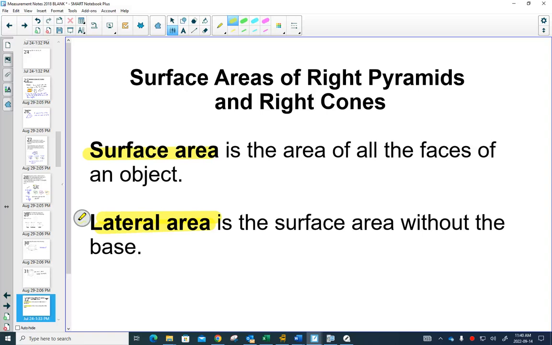You would probably only have to paint the lateral area, right? Or you have to have an assistant that just lifts it up while you go underneath and paint it. So there's a reason why lateral area often comes into play, because often you have things that one of the surfaces is hidden because it's on the ground.